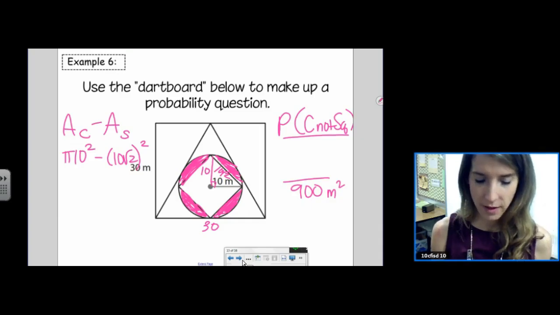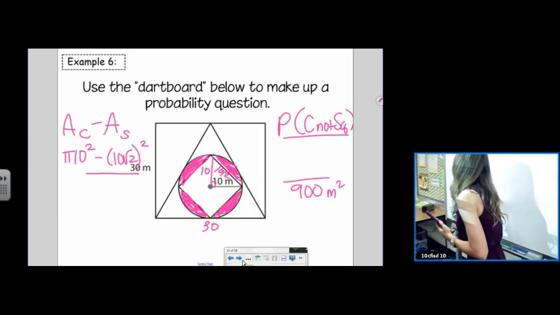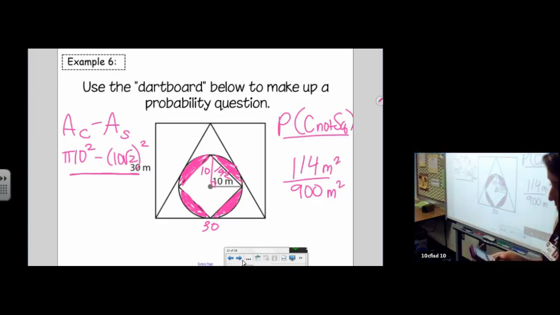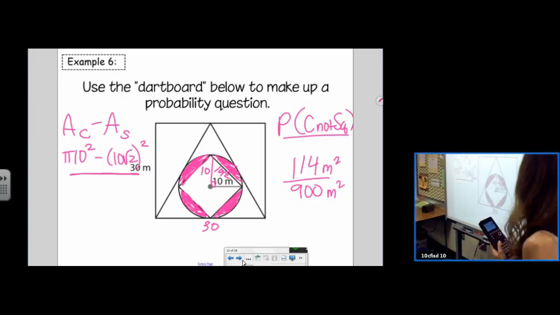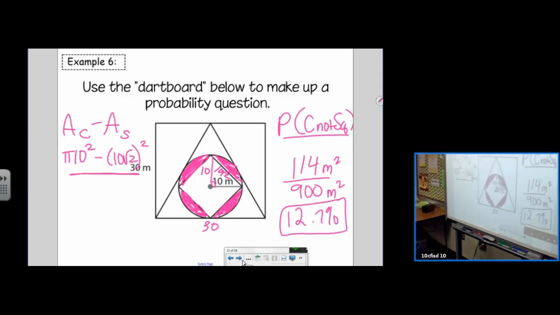Let's do this one for real, okay? When we put this into our calculator, which I am allowing you to do, we get about 114 square meters. So when we divide that out, the probability would be 12.7% chance that we land in the shaded region.